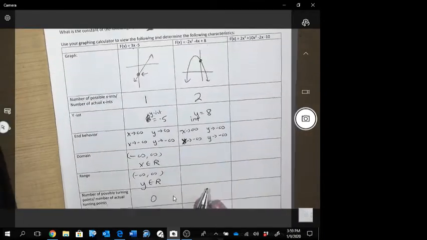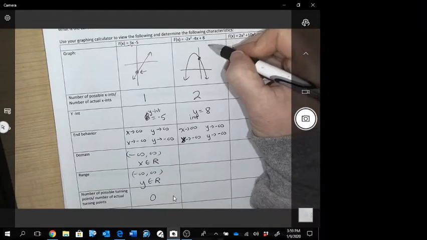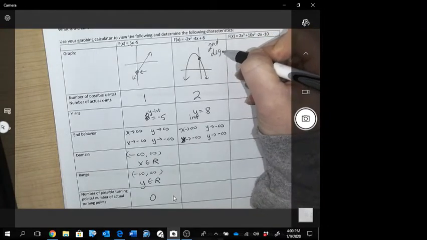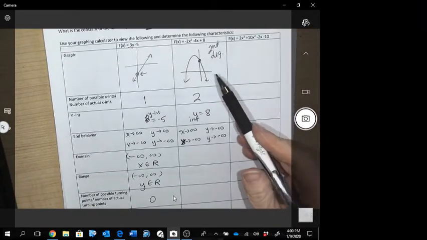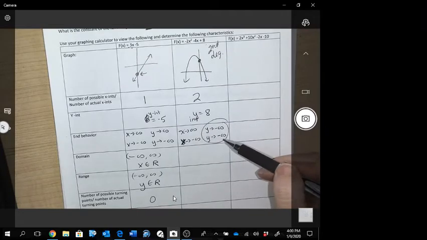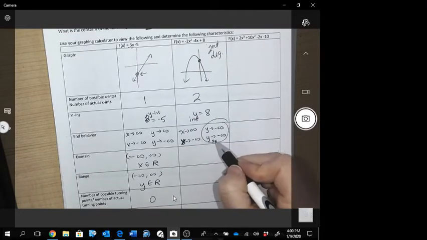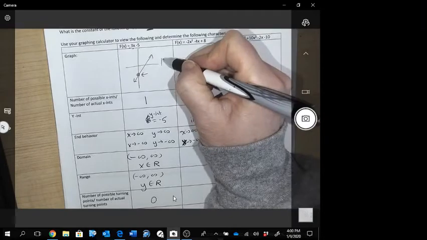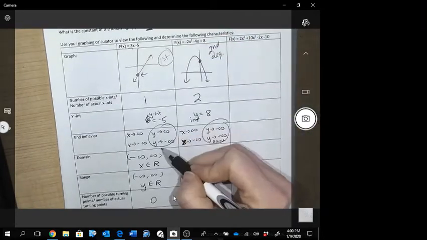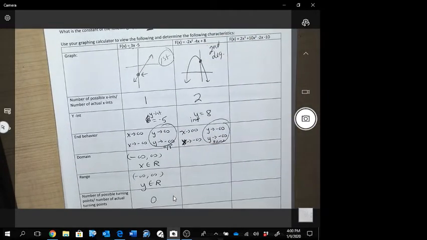You could see from last lesson we learned that this is a second degree. So your behavior goes in the same direction. And then the first degree, and now you can see that the arrows, the directions will be opposite.